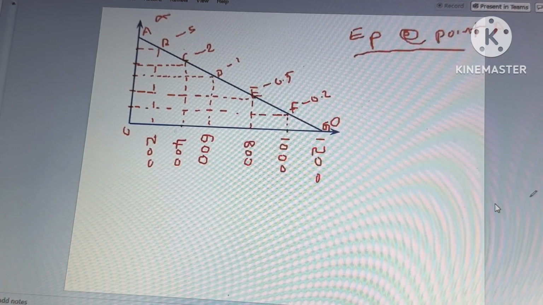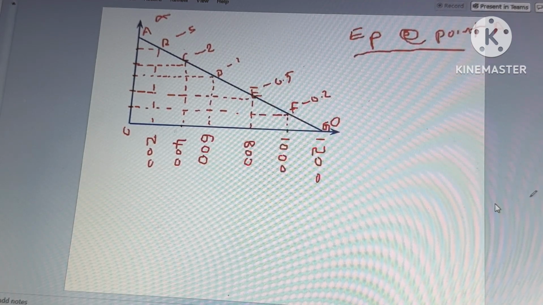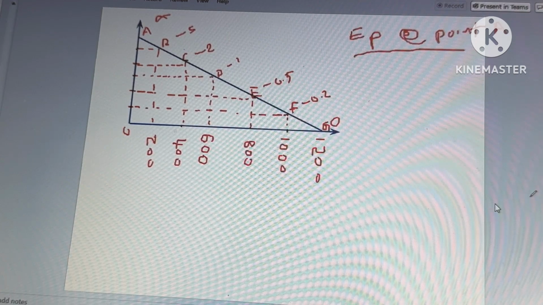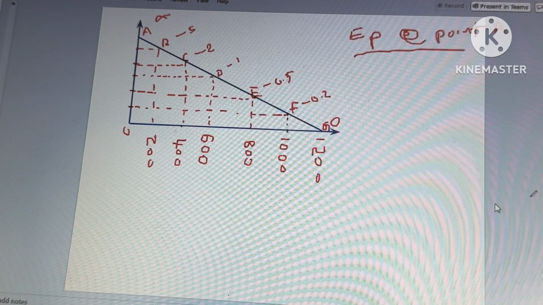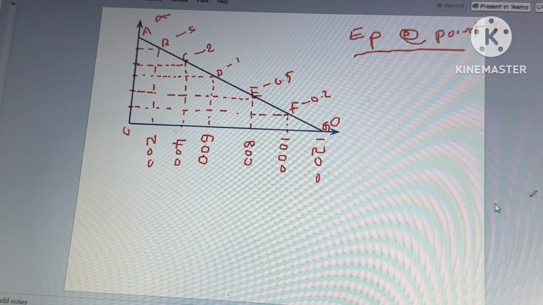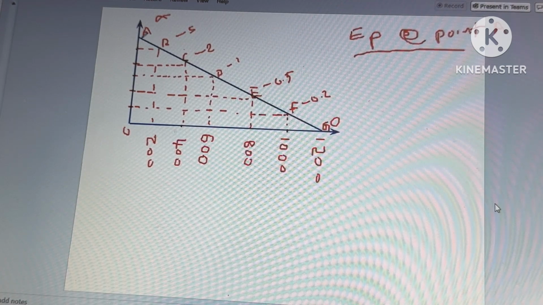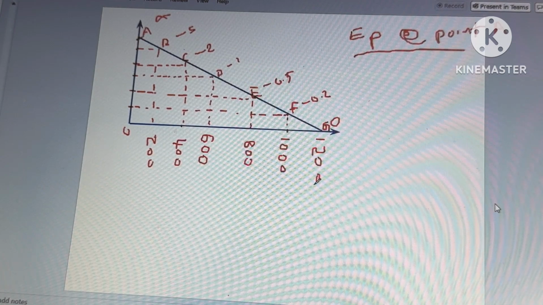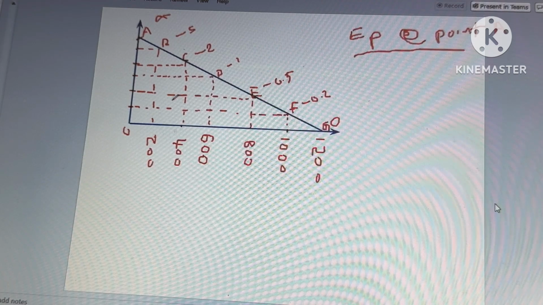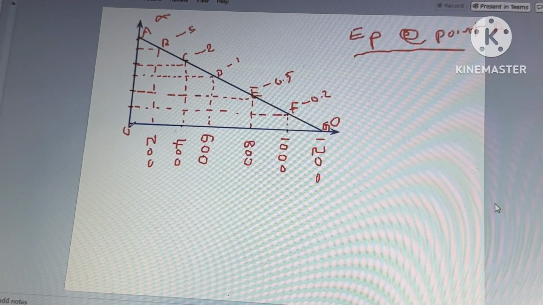We don't have any price information here. But we have quantity information. To get the price elasticity at point A, this quantity information is enough for us. Right? At point A, what is the quantity?